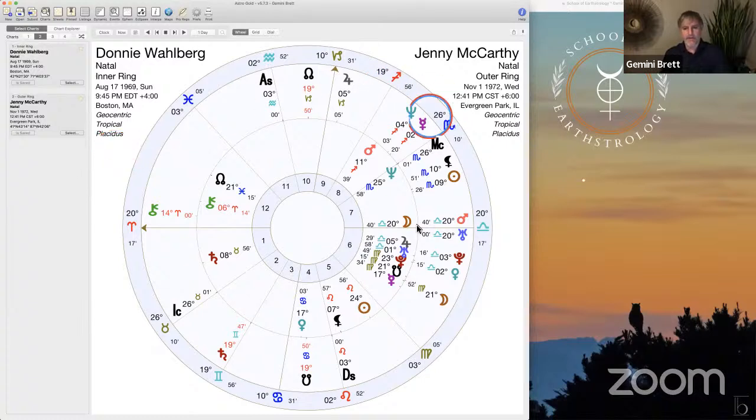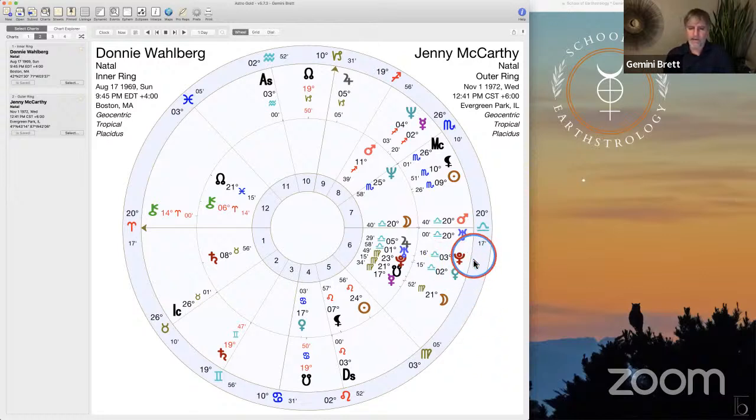I'm first seeing, okay, wow, Jenny McCarthy's Mars and Uranus are on Donnie Wahlberg's descendant. That certainly seems to represent needing to do some work in relationship. Her Mars in Libra surrounds his descendant degree. That's nuts. His Moon there, her Mars, exact to the arc minute. What? By the way, her chart is a Rodden rating and his is an AA rating, birth certificate.